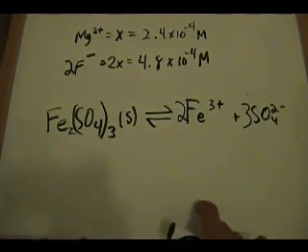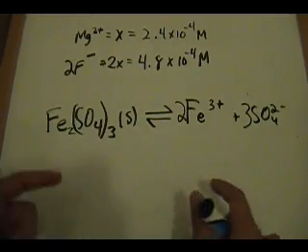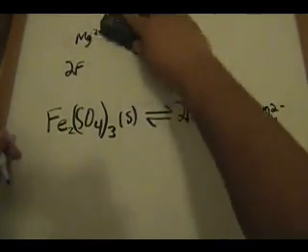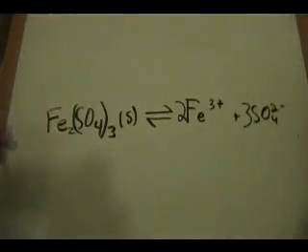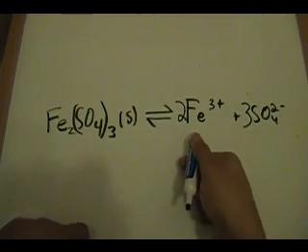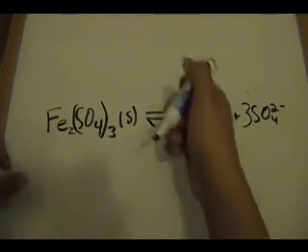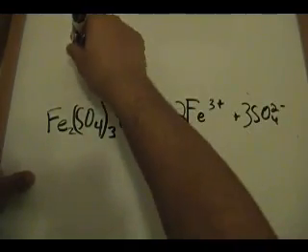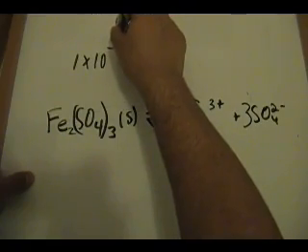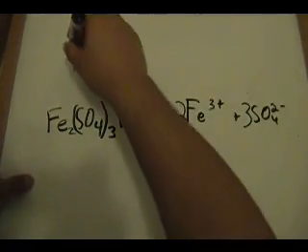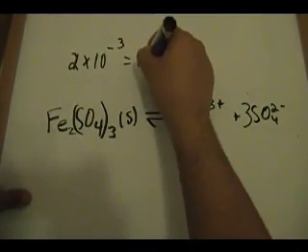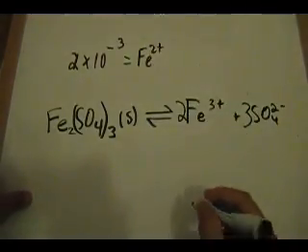out the reaction. So now let's just say, for example, okay, I'm completely making all this up out of my head. Let's just say at equilibrium, we find the concentration of iron to be 2 times 10 to the negative 3, and that's equal to the iron 3 plus concentration, right?